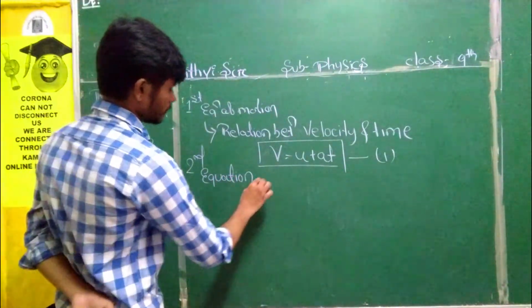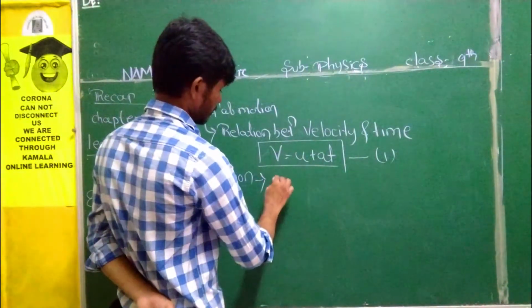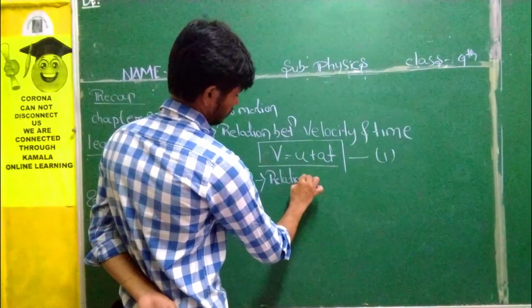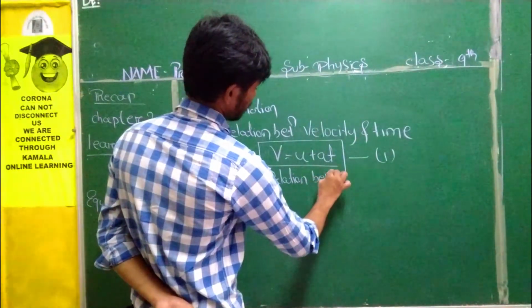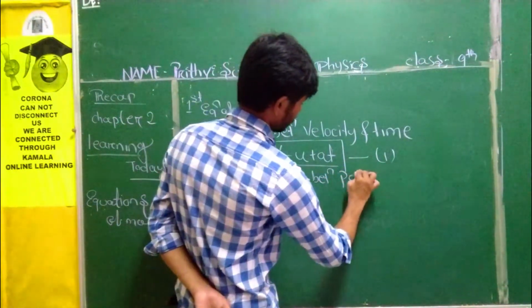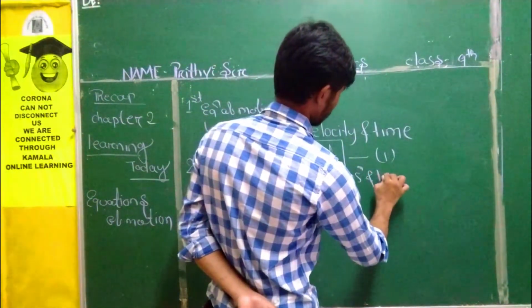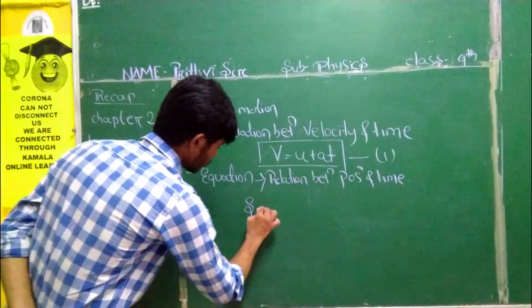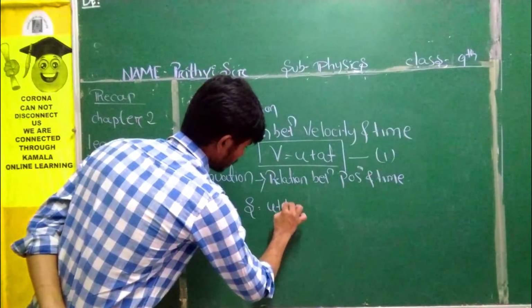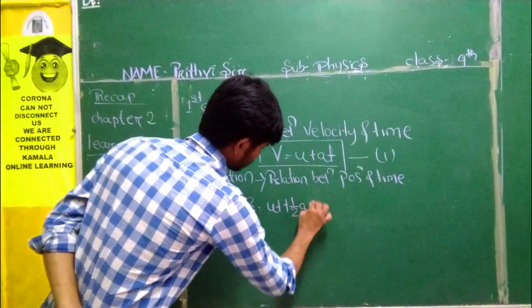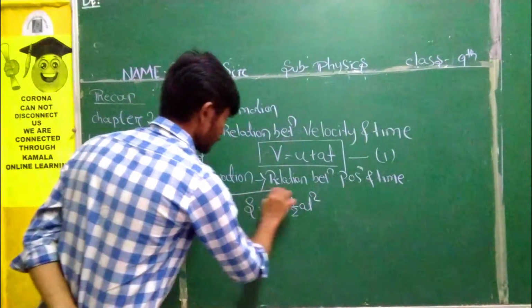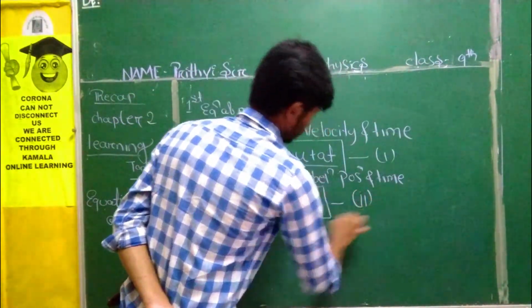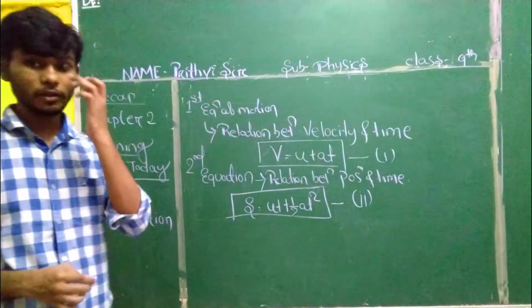Second equation is the relation between position and time, that is S is equal to UT plus half AT square. This is equation number 2 we got.